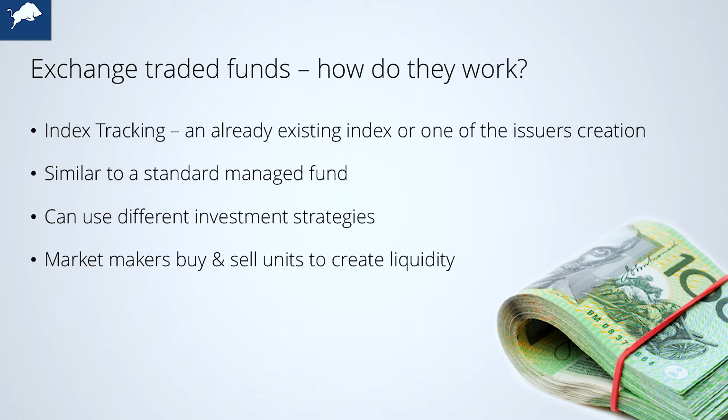Then, behind the scenes, there's a certain level of liquidity, and if a lot of money's coming in, you'll see market makers in the background creating units and selling them to those investors coming on board. As they're creating and selling those units, they're getting that capital and investing in the underlying securities of the exchange traded fund.